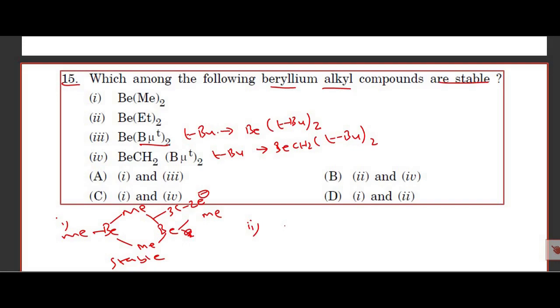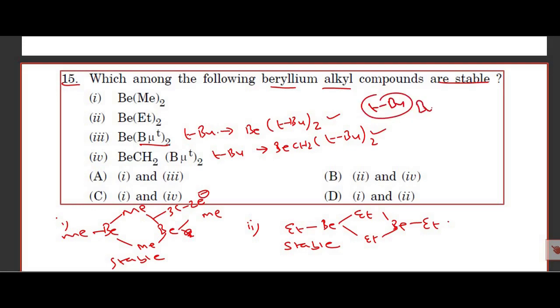And this compound too, similar. It's an Et Be. It also forms a dimer, Et beryllium Et. It's also stable. Whereas in compounds 3 and 4, tert-butyl is a bulky group and does not form a dimer.